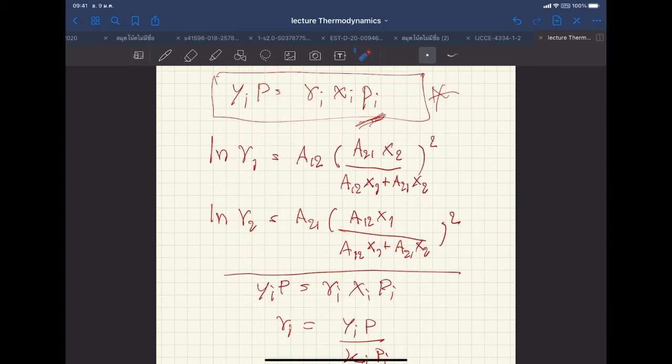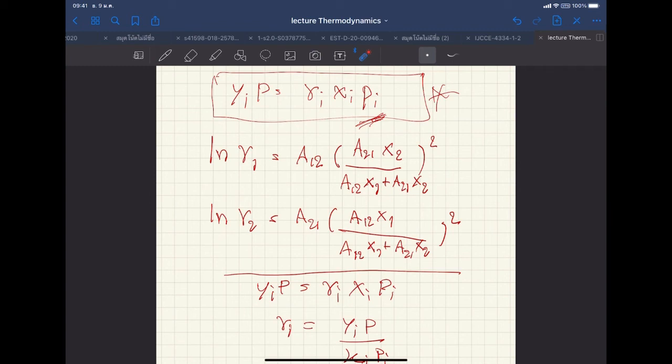So for a binary system, we have two equations, the same P, but we have y1 and y2. So we have three unknowns, but two equations.